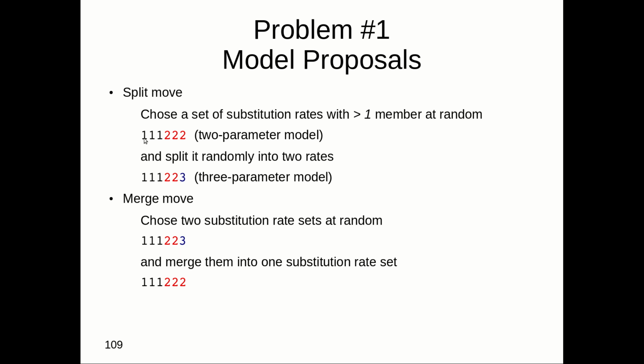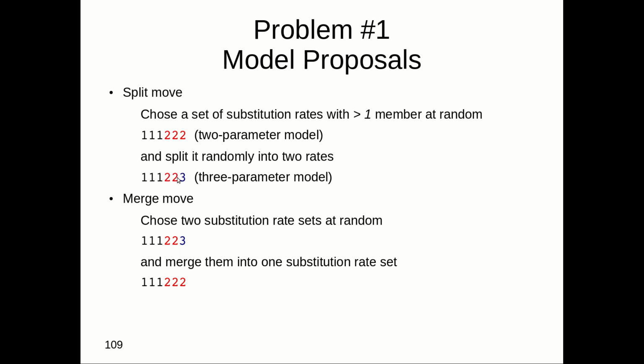So this is basically a simple two-parameter model. The first three rates of our substitution model are all identical, and then the last three rates are also identical. So for the split move, we would either choose the series of ones or the series of twos. Assume that we've chosen the twos, and then we just randomly split it into two distinct sets of rates.